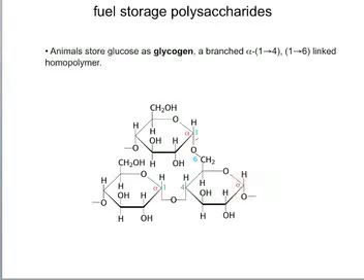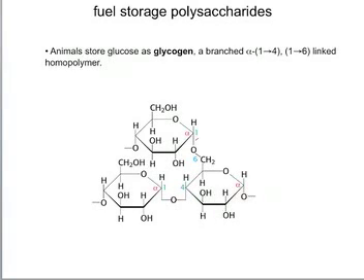Again, that's in your text, but let's just point out that here is glucose alpha 1 to 4 linkage, glucose alpha 1 to 4 linkage, and the branch point occurs through an alpha 1 to 6 linkage. So both carbons 4 and 6 are engaged in glycosidic bonds, and here we get our linear chain, and then branching off from our linear chain we can form an alpha 1 to 6 linkage.